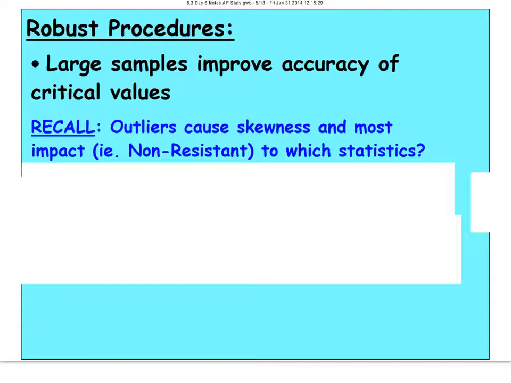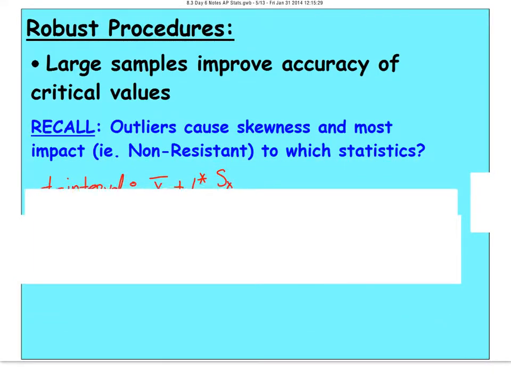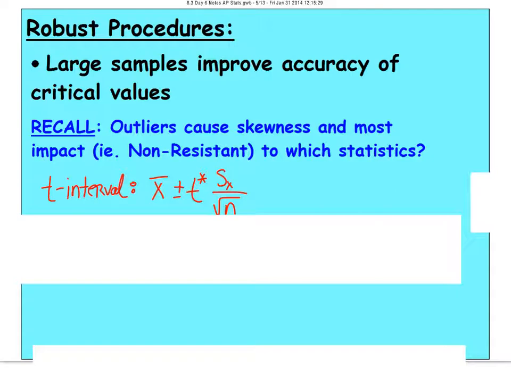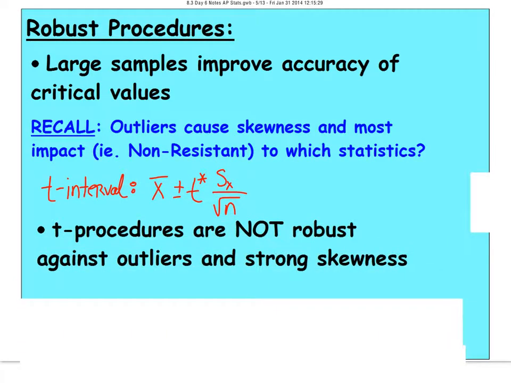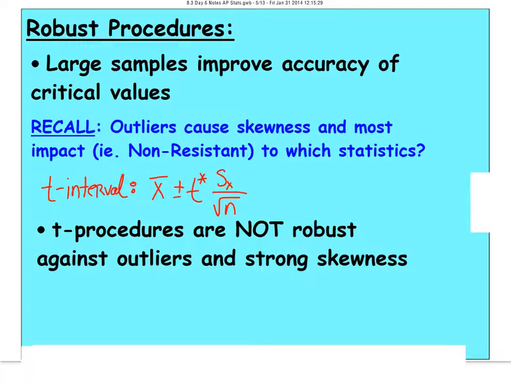So what we need to recall here is that outliers cause skewness, and they will most impact which statistic? Well, let's take a look at the interval itself that we created. Here's the interval that we created. Remember, outliers are going to have a huge impact on our mean and our standard deviation, which means our interval is really getting thrown off here. So by using this standard deviation, what's happening is t procedures are not robust against outliers and strong skewness.